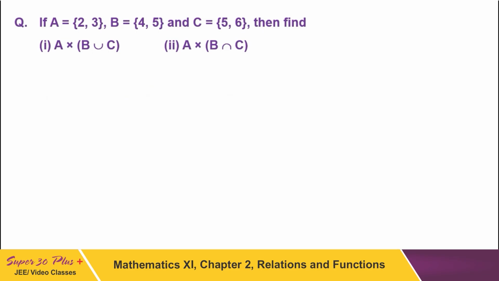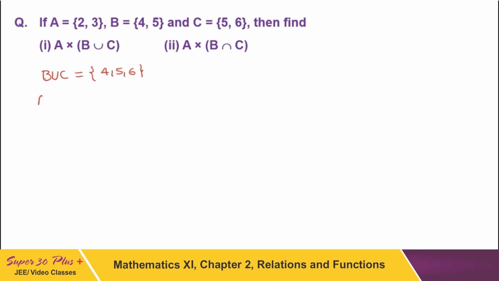Students, let's see one more example. If A equals this, B equals {4, 5} and C equals {5, 6}, then find A cross B union C. First of all, we have to find B union C. As we know, B union C will be {4, 5, 6}.